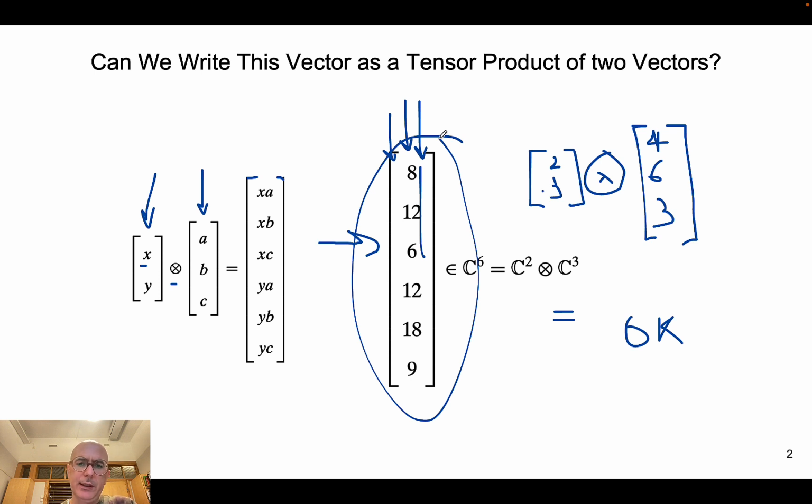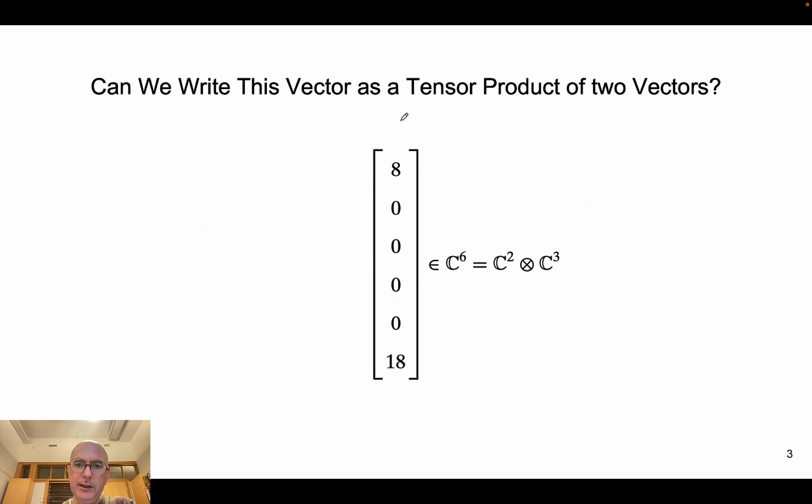That also means that we have two quantum systems that we can combine, and this vector, the combination using the tensor product, is the combination of two simpler quantum states. Let's look at another example. The question again I have for you is, can we write this vector as a tensor product of two vectors?